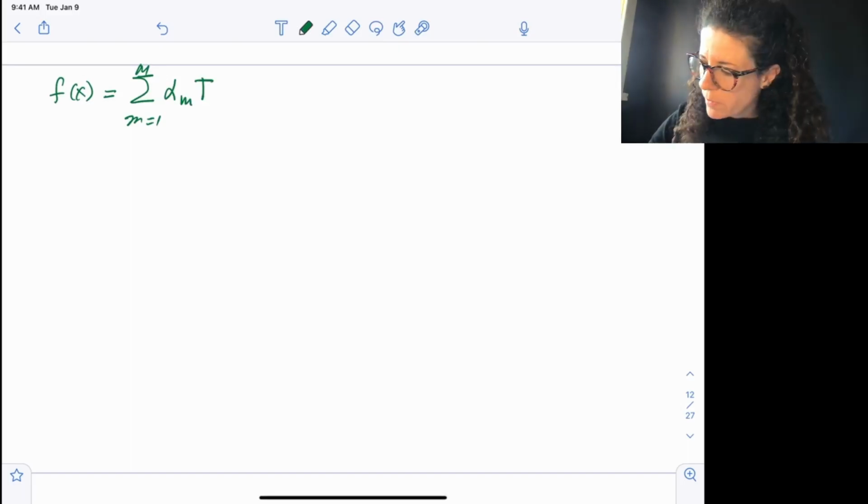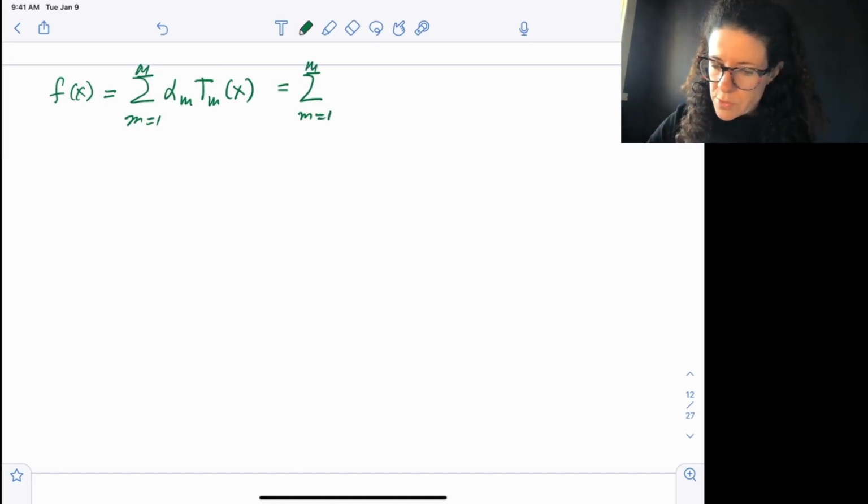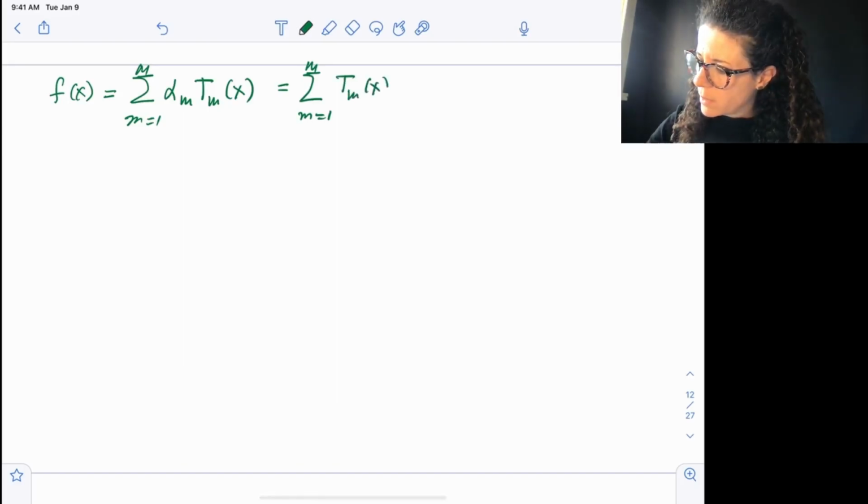In this case, we can think about trees, but they don't have to be trees. In the case of actual trees, you're going to see that I am just going to drop this constant alpha m, and we're going to be fine. I'm going to explain why in a little bit.